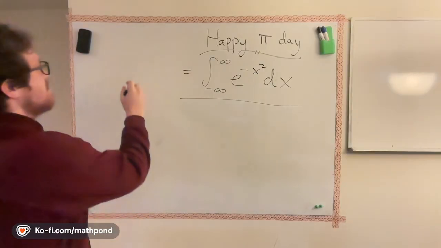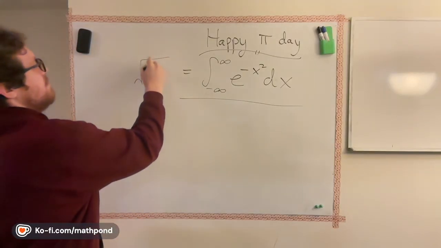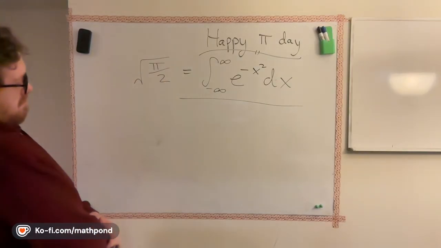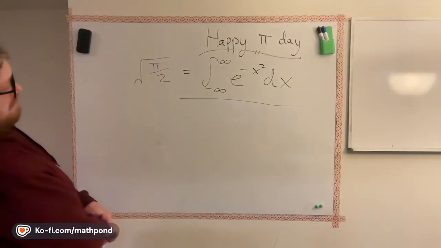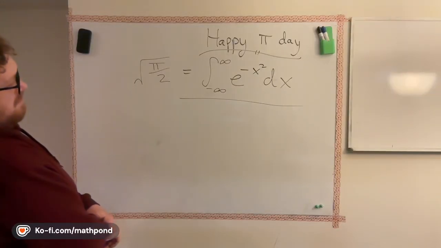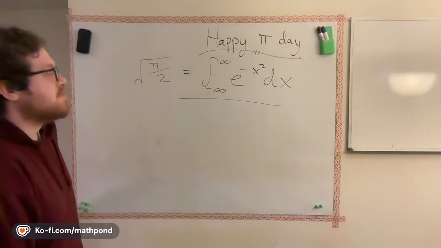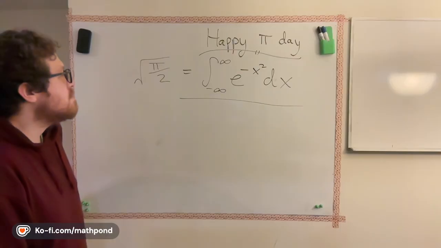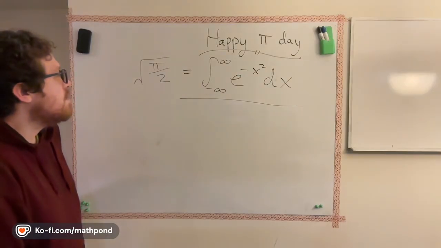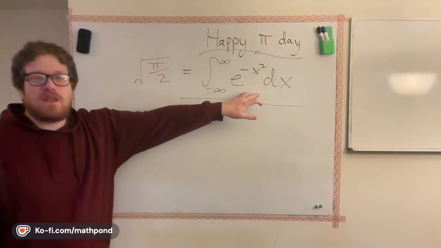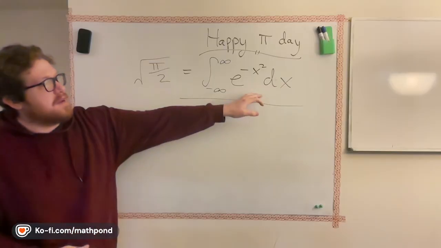I think it's like square root of, what is it, pi over 2? Or is the 2 in the square root? I can't remember. But yeah, this is a famous integral that comes up in probability.